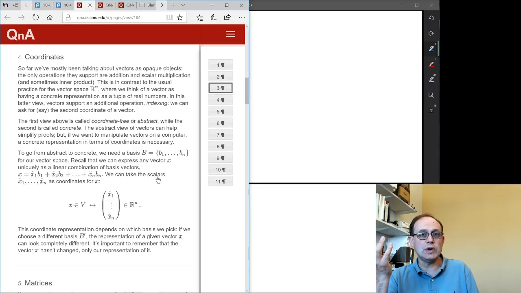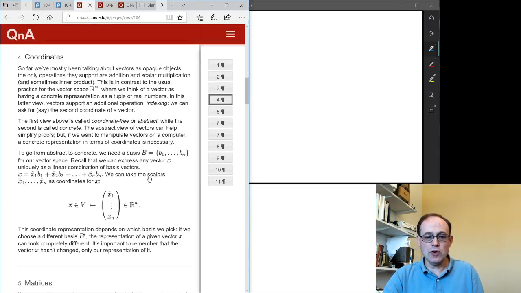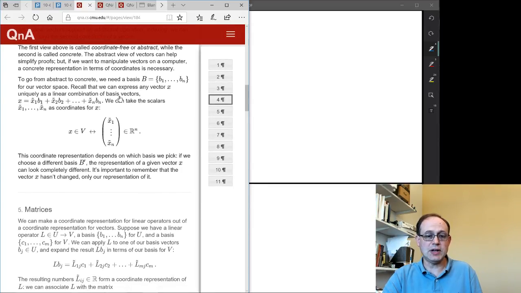And to do that, we use a basis, right? So we said before that we can take any vector x and express it uniquely as a linear combination of basis vectors, right? So x is equal to a sum of x tilde i times bi, right? So bi is one of your basis vectors, and x tilde i is a real number.